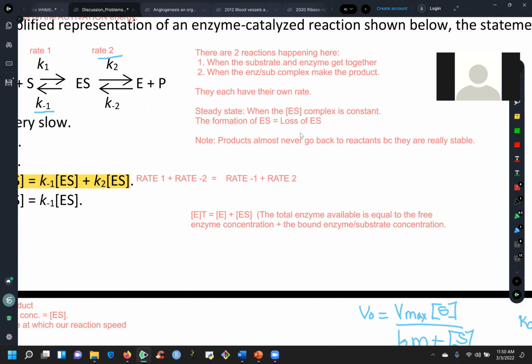So he is right in the middle of both reactions. Okay, so steady state. We have the enzyme substrate complex. It has to remain steady. So if you make 100 on this side, you have to break down 100 on this side because it has to remain steady. The enzyme substrate complex has to remain steady.